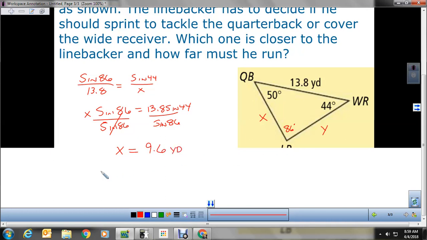If we're going to solve for y, we're going to take the sine of 86 again over 13.8 equal to the sine of 50, because it's across from y, over y.